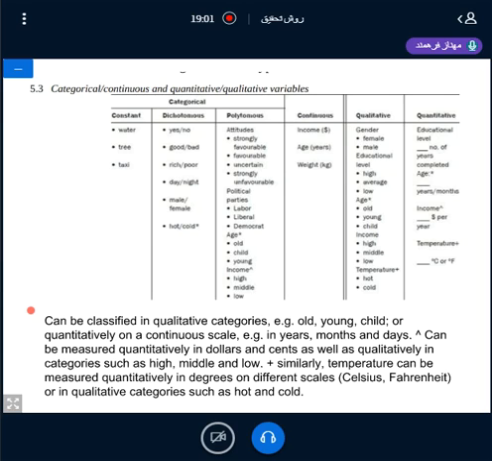You have read about qualitative and quantitative before. In this table, you can see categorical, which we talked about: constant, dichotomous, and polytomous variables. For example, you can see water, tree, taxi, which we have talked about.